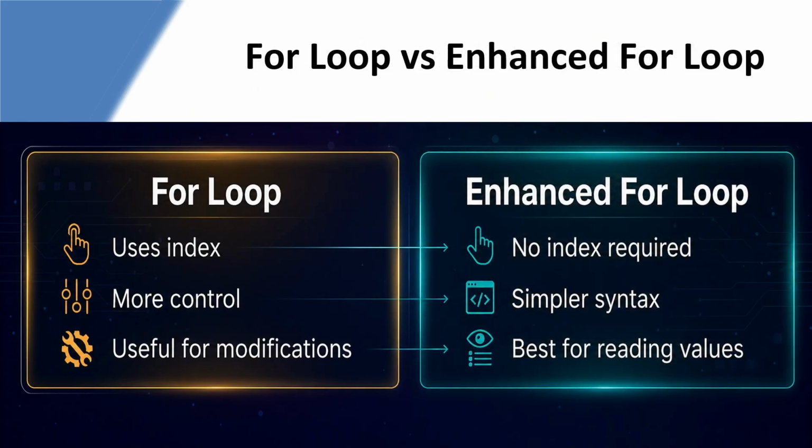Let's see the difference between the for loop and the enhanced for loop. The for loop uses an index, and in the enhanced for loop no index is required. Here we have more control. Since we are iterating with the help of indexes, we can have better control.